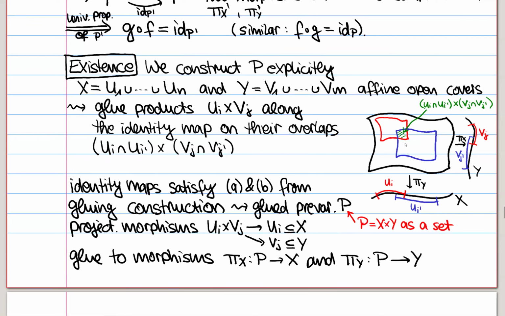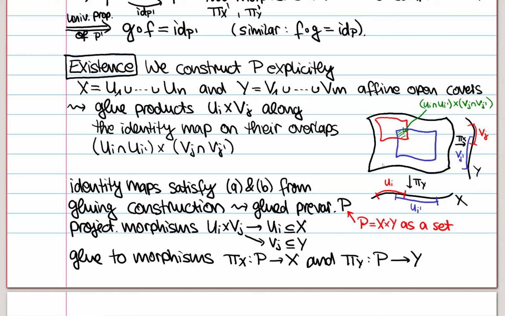And what are the overlaps? Well, these are these regions. And you can check this is just the same thing as intersecting U_i and U_i prime cross V_j and V_j prime. So this is this overlap. And how do you glue them? Well, you just take the identity maps, because they do sit all inside this nice ambient product X cross Y. And the identity maps, of course, satisfy that the inverse of the identity is the identity.